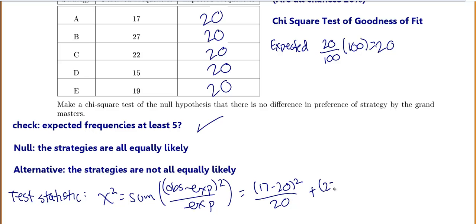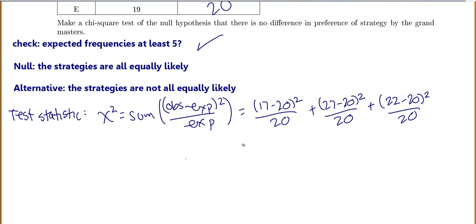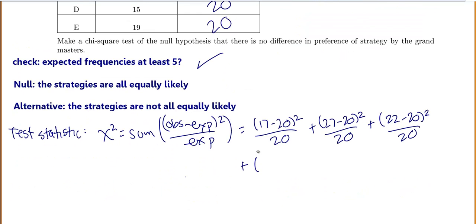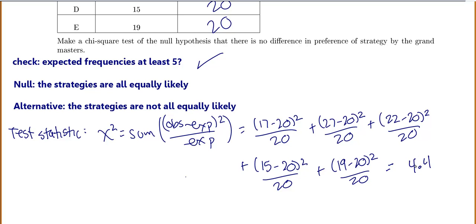And our next observed is 27 minus expected of 20 over 20. And 22 minus 20 squared over 20. And 15 minus 20 squared over 20. And 19 minus 20 squared over 20. So we get 4.4.